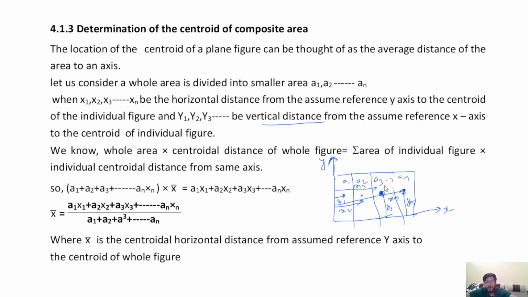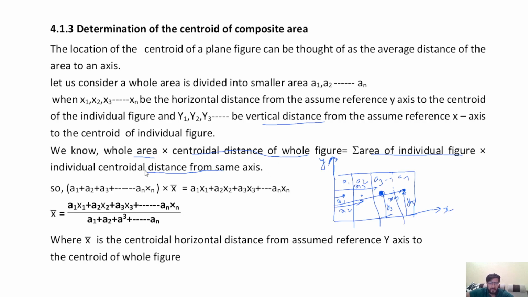So we know the whole area into the centroidal distance of the whole figure is equal to the sum of the area of the individual figures into the individual centroidal distances from the same axis.